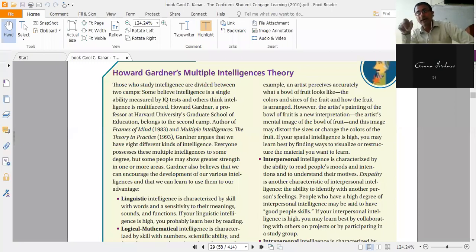So they know very well how to design the interior of the room, interior of the house, where that thing should go, where that thing should go. And even sometimes in very small spaces, they make use of the place very well. And some of the people, their spatial intelligence is not good, so they make mistakes. Are you getting my point?